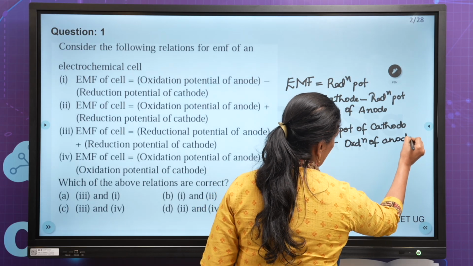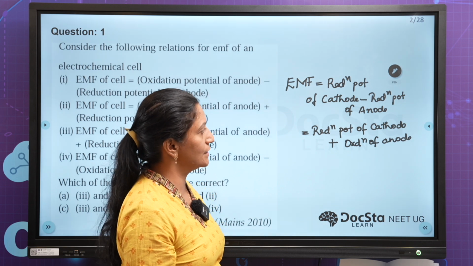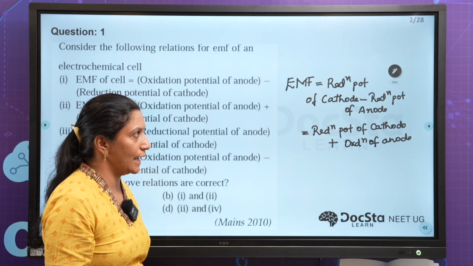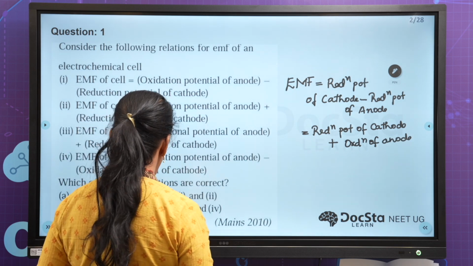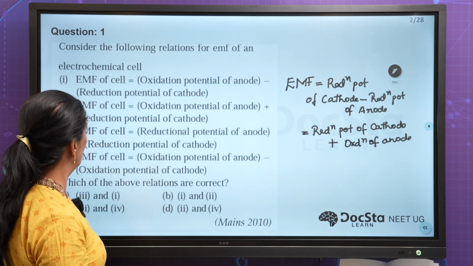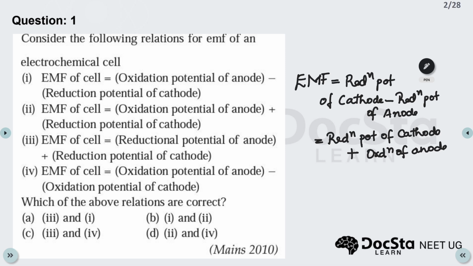So രണ്ട് രീതിയിൽ നമുക്ക് എക്സ്പ്രസ് ചെയ്യാം. Either the reduction potential of the cathode minus the reduction potential of the anode, or the reduction potential of the cathode plus oxidation potential of the anode. അപ്പോൾ ഈ given optionsൽ option D, that is തന്നിരിക്കുന്ന ഓപ്ഷൻ 2ഉം 4ഉം correct ആണ്. So the correct option regarding this question is option D.